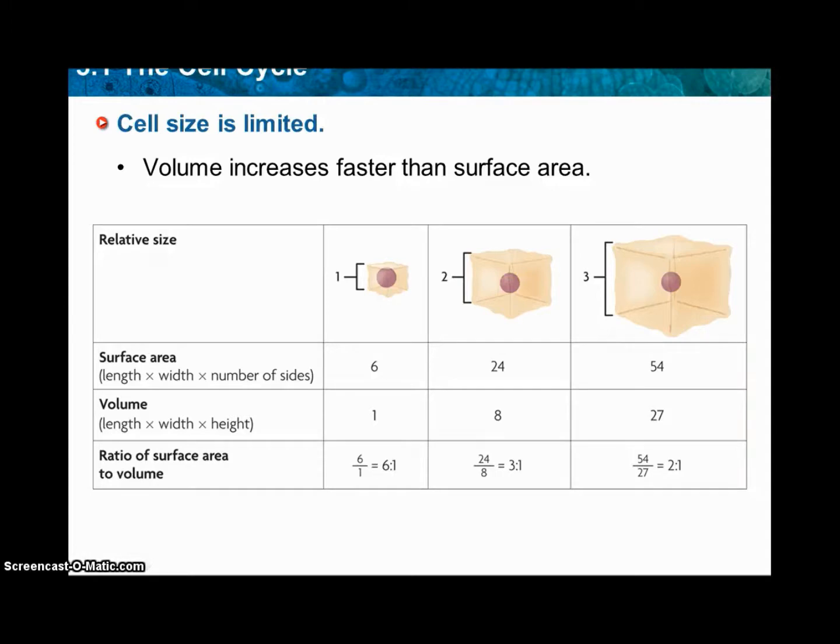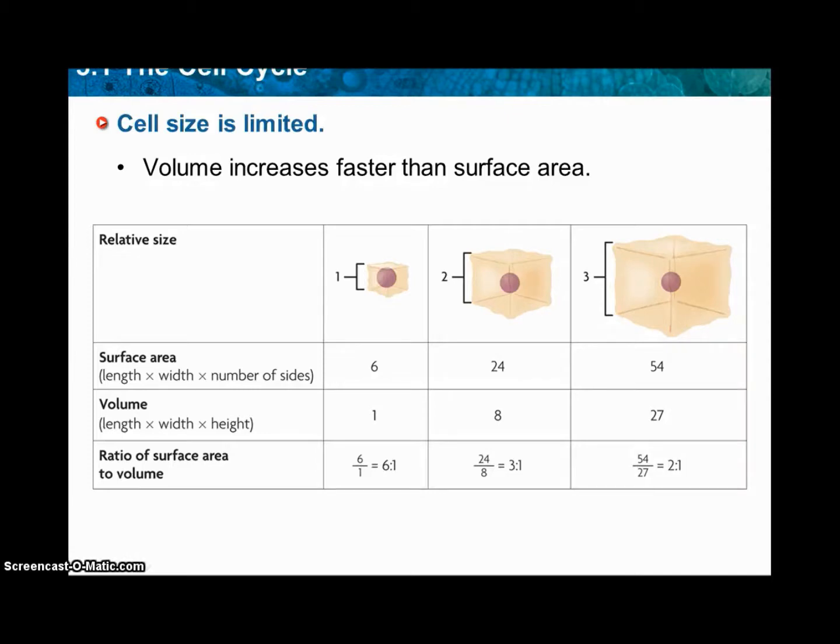And then they give us the ratio of surface area to volume. As a cell grows, its volume increases more rapidly than its surface area. When the surface area to volume ratio is too small, the cell cannot move materials into and out of the cell at a sufficient rate or in sufficient quantities. So the cell is not going to be working anymore, pretty much.